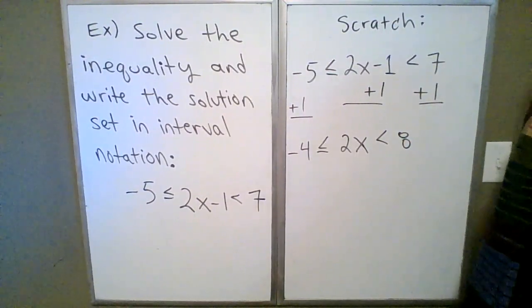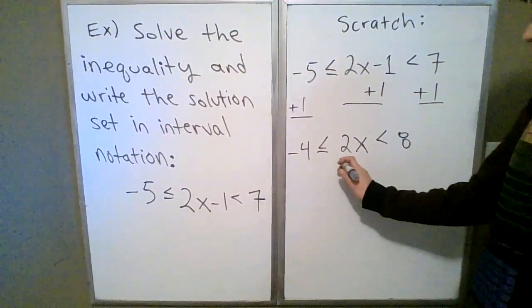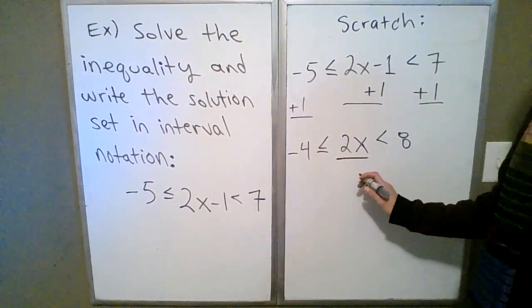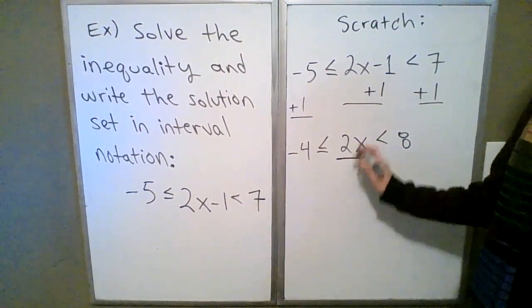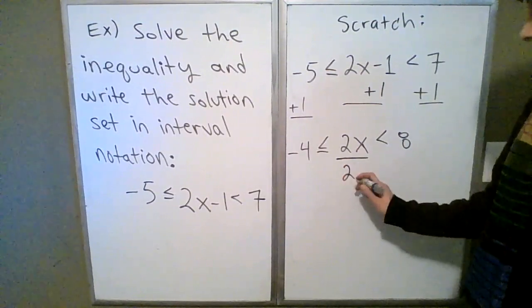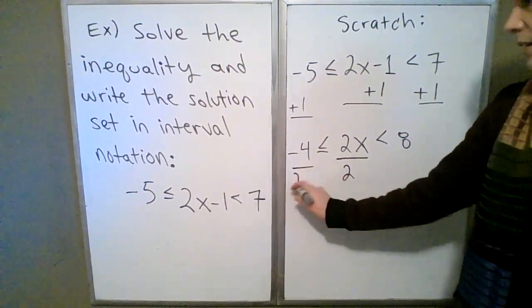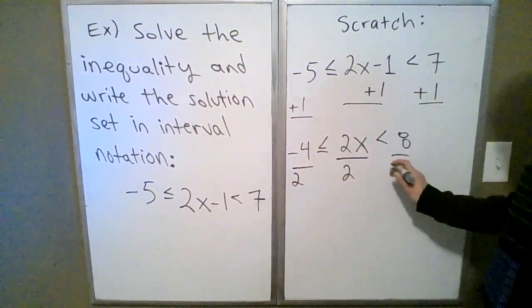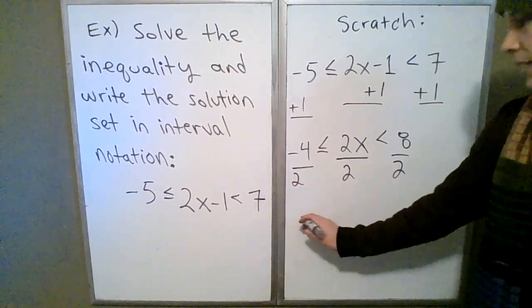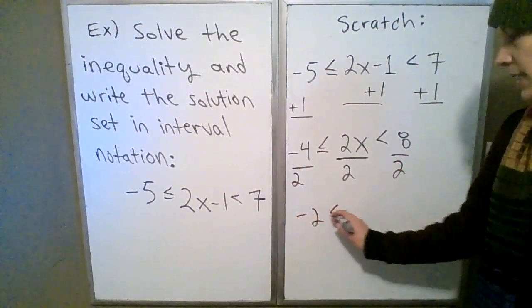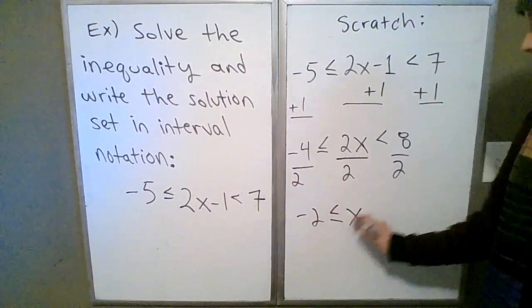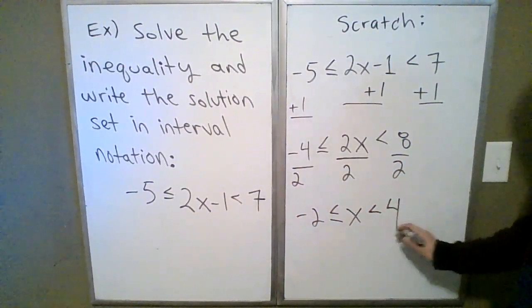And then divide by 2. Since it's +2, I don't have to flip the sign. That's only when you divide by a negative number. So if it's a positive, keep the signs the same, but you do have to divide on all 3 parts. So it'd be -2 less than or equal to x, and then strictly less than 4.